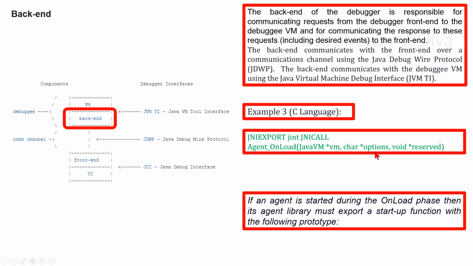That is, using the command line option examples, option1, option2 will be passed to the char* options argument of Agent_OnLoad. The options argument is encoded as a modified UTF-8 string.